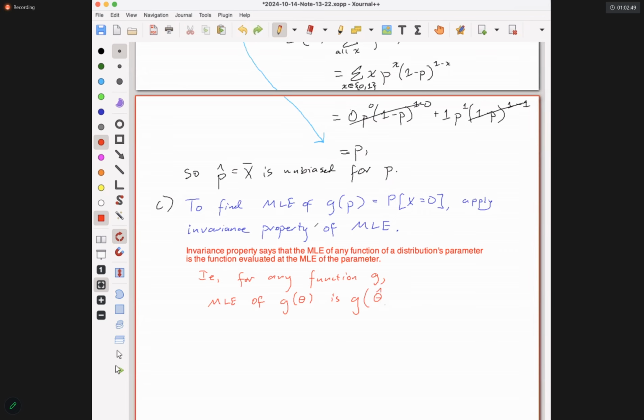So you just plug in the MLE for your parameter, and that gives you the MLE for g. Do you have any questions about that?